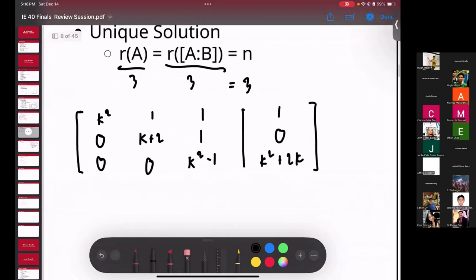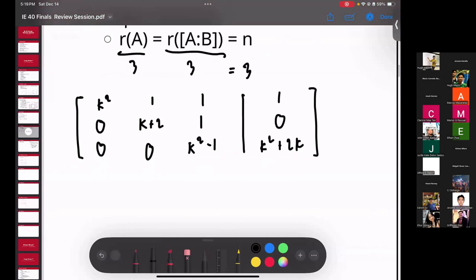So now, let's first look at the rank of A because it's easier. So again, the rank is the highest submatrix that you can put inside the matrix that still has a non-zero determinant.